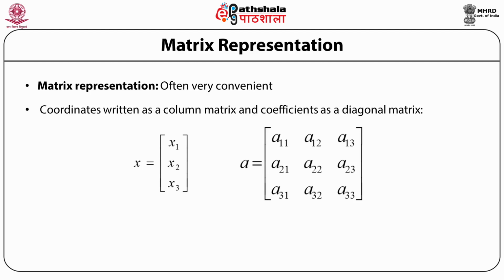The second row has 3 elements, that is a subscript 2 1, a subscript 2 2 and a subscript 2 3, while the third row has the 3 elements a subscript 3 1, a subscript 3 2 and a subscript 3 3.